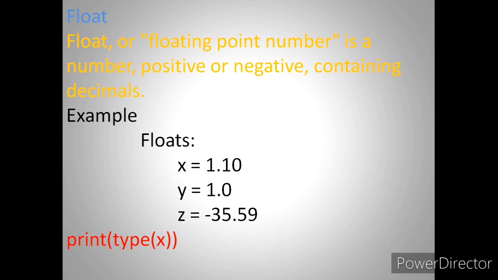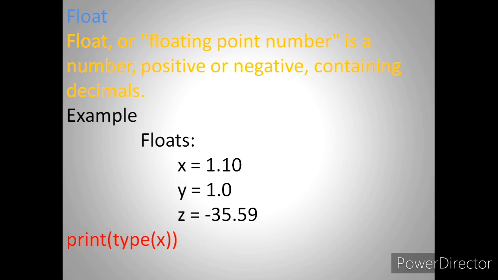Then we have discussed the float. Here also we are discussing it once again as a data type. A float is a number which has a decimal part, that is, we call it a real number also. So a float number can again be positive or negative, but it should hold the decimal value, that is the decimal point.